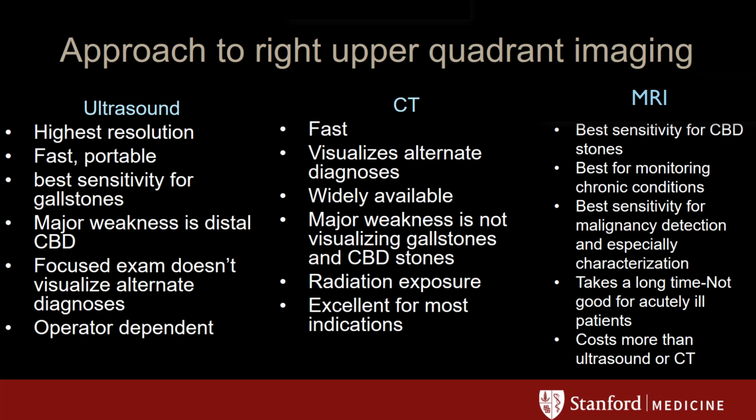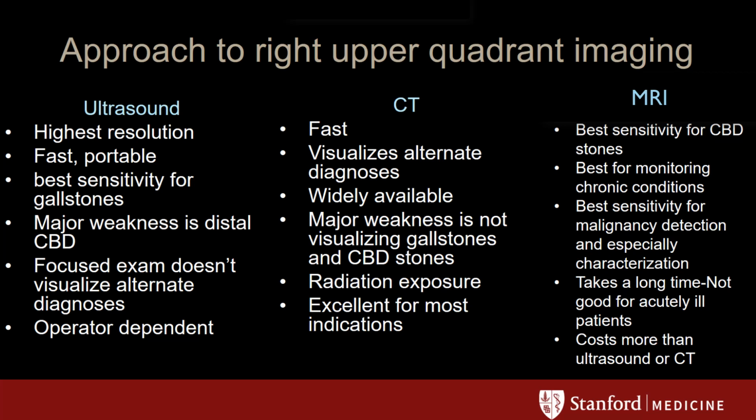MRI has the best sensitivity for CBD stones, especially MRCP. Of course, the lack of radiation makes it best for monitoring chronic conditions like PSC. It's got the highest sensitivity for malignancy detection and characterization based on T2 signal, DWI, contrast enhancement.